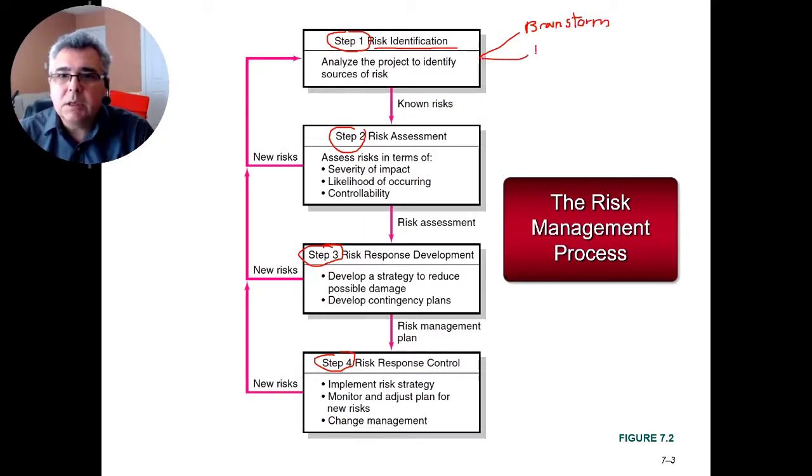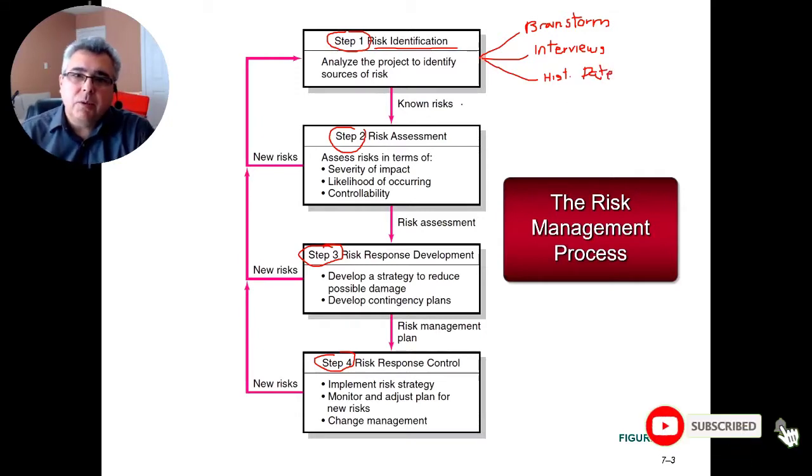Another way is interviews with the task executors or experts on the task, interviews, and historical data. Those are the 3 ways you can identify risk. From those activities, we got the known risks.